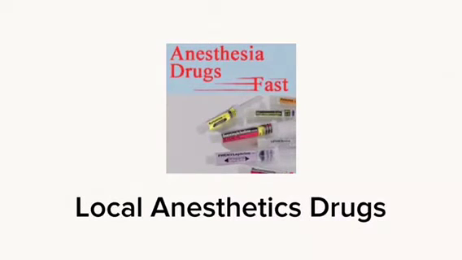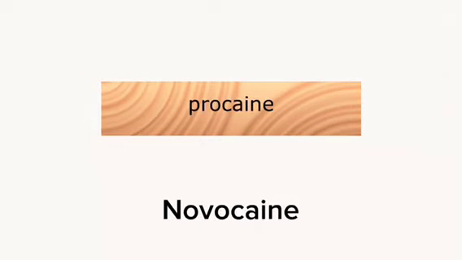There are 4 local anesthetic drugs, and these are esters, amides, ketone type, and other chemicals that act like local anesthetics. There are 5 esters drugs, and these are: number 1, procaine.